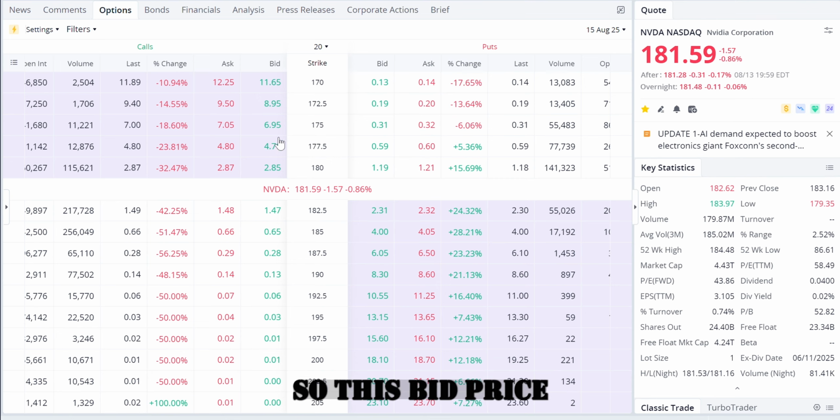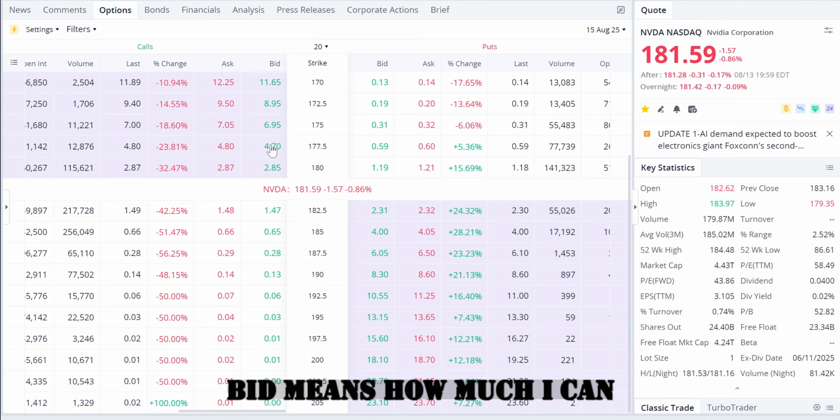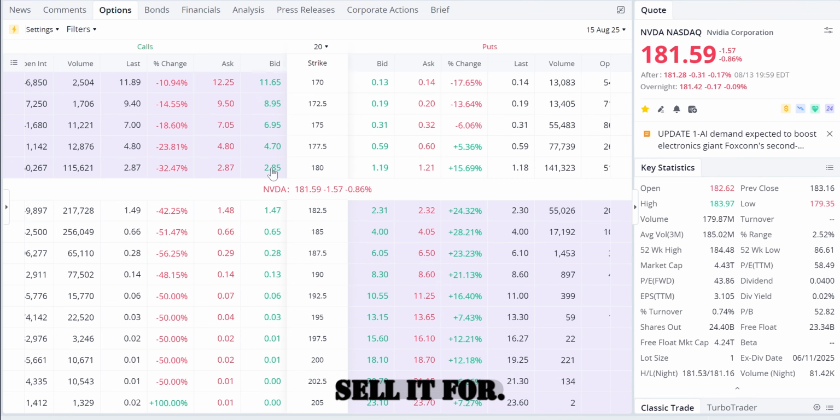This bid price represents the price you would sell that contract at currently. The price that this contract is going for currently. The price that you can sell that contract at the current moment. Bid means how much I can sell it for.